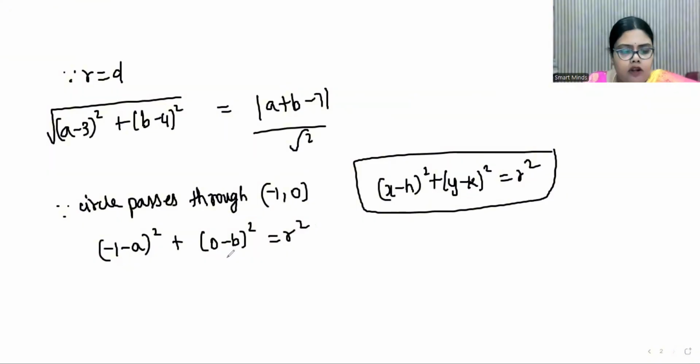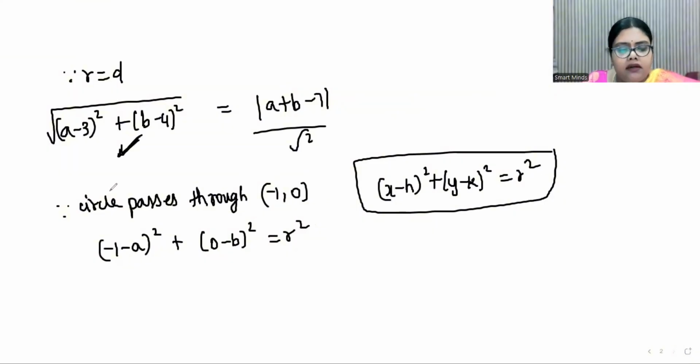Now the point 3, 4 is on the circle. So for the circle to touch the line at 3, 4, we take this condition: under root a minus 3 whole square and all.